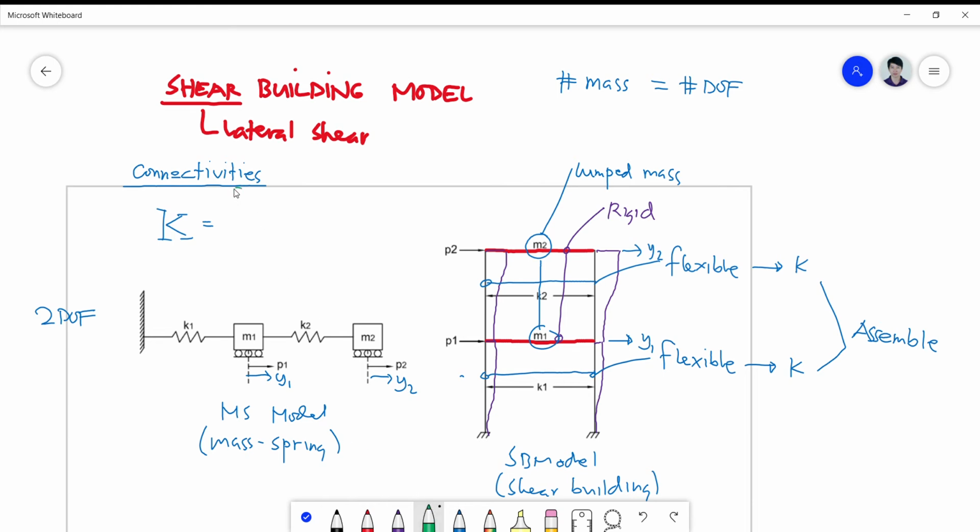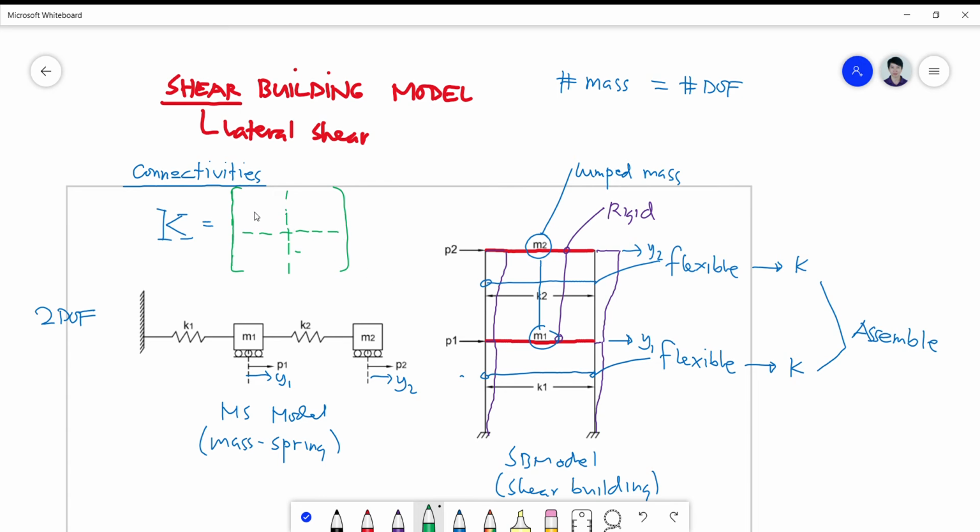And in order for us to assemble now the capital K, or the structure stiffness matrix K, we have to allot a 2 by 2 matrix or array to accommodate the individual stiffnesses of the column elements in a pattern that we can easily modify from one case to the other, okay.